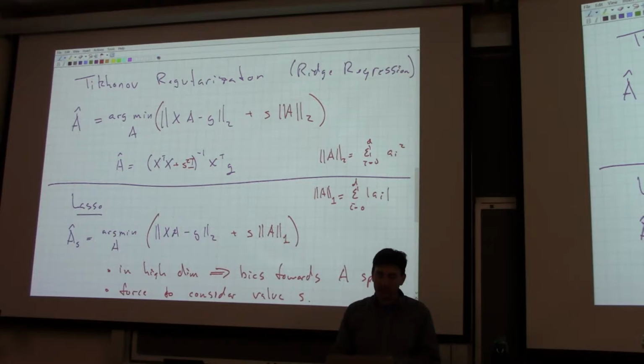This is called least angle regression, is a version of this. And you solve for all values of S, and so when you're doing that, you can cross-validate as you go. So you can say which value of S is the best as you're computing them. For all values of S, you can score them, and we'll talk more about that later.